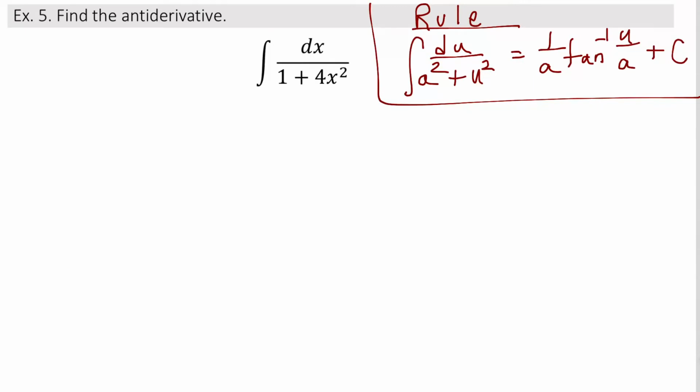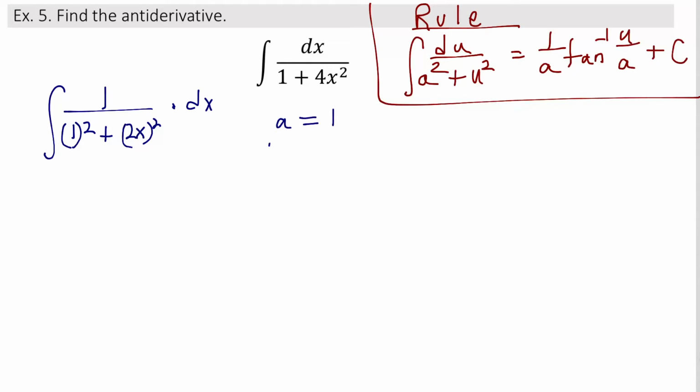So now I'm working with a different form. I don't have the radical in the denominator, so it closely resembles this form, which leads you to an inverse tangent. So now I'm going to write it a little differently. I'm going to say I have the integral of 1 over 1 squared plus 2x squared dx. So I can see that a is 1.